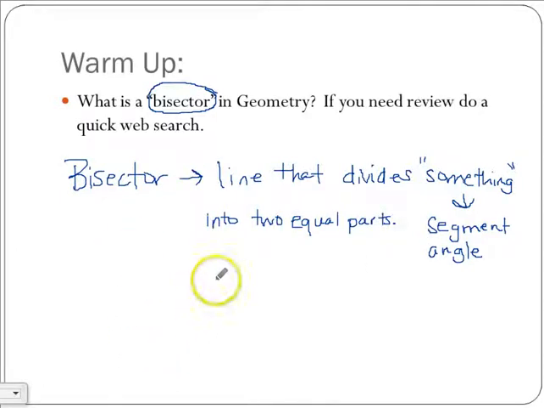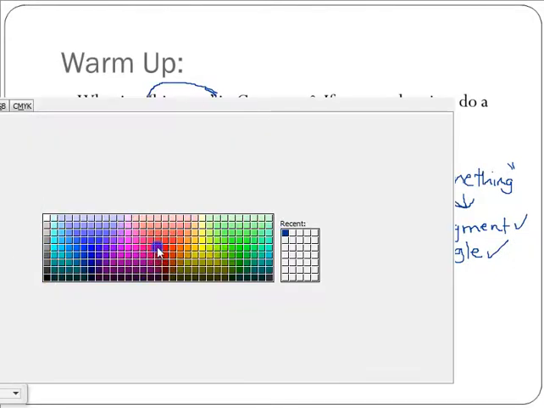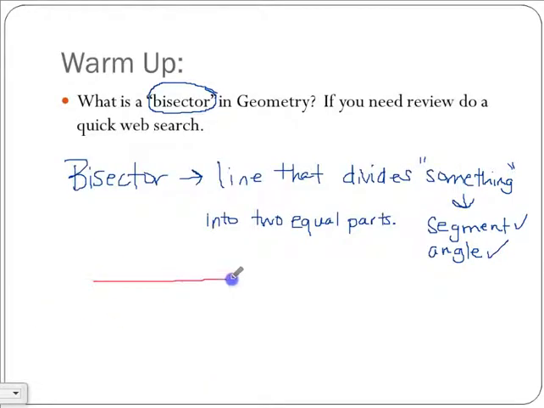So let's look at those segments and angles that a bisector might bisect. I'm going to change font or colors here. So here's a segment, and we'll call this point A, point B. A bisector is a line that divides something into two equal parts.